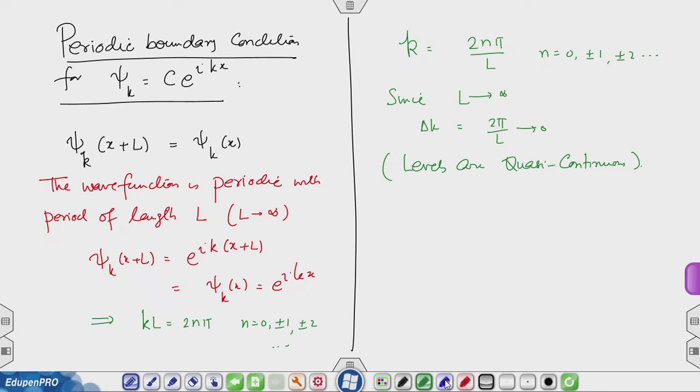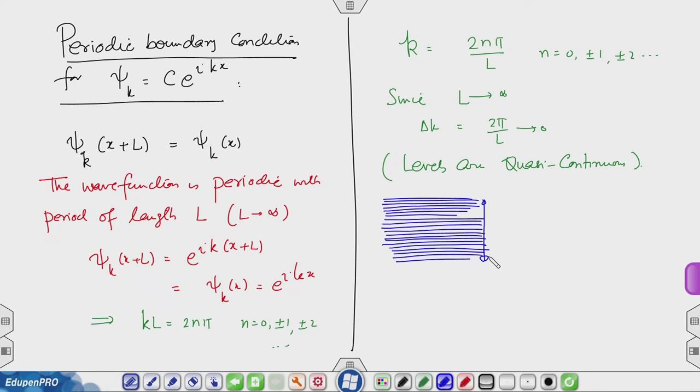So, these levels are like this, and the difference is much smaller than the extent over which they spread. So, that is why they are quasi continuous, and that means all the summations can be done as integrations.